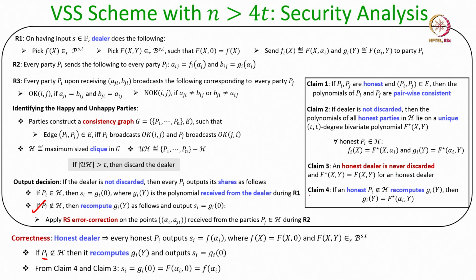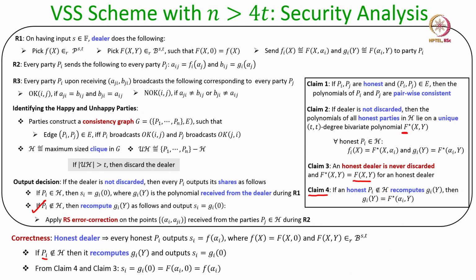But we have already proved in claim 4 that even the recomputed polynomial is going to lie on the bivariate polynomial f star as defined by the polynomials of the happy honest parties, and for the case of the honest dealer, the polynomial f star defined by the polynomials of the happy honest parties is the same as the polynomial f(x, y), which automatically shows that the recomputed polynomial gi(y) is going to be the same gi(y) polynomial which Pi would have received from the honest dealer during the first round.